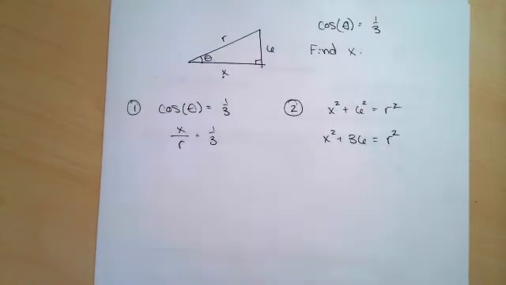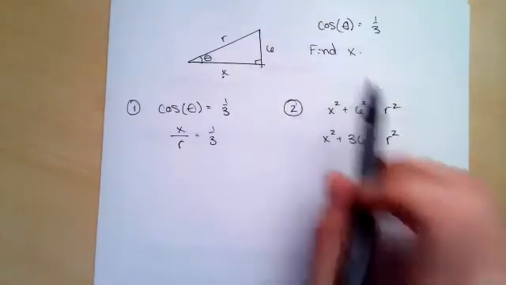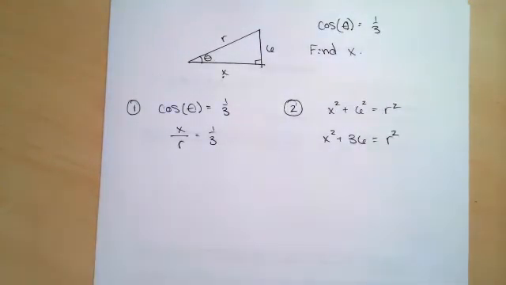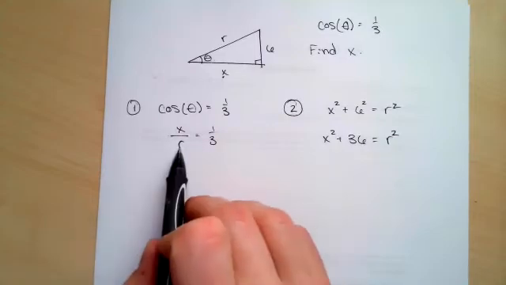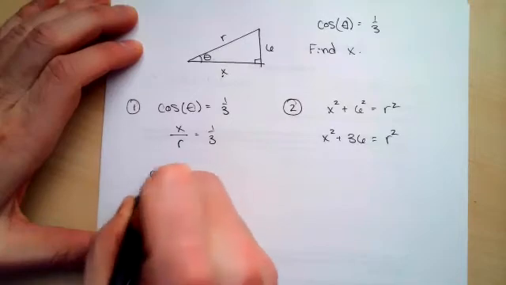It doesn't matter. You could do either one, and you can eventually solve the problem. For the sake of saving a little bit of time, we only need to solve ultimately for x, is the goal of the problem. I don't have to find r, though we can if we need it. So if I want to find x, what we're going to do in our first equation is actually solve for the other variable. We're going to solve for r first. Here, let's do it in steps.